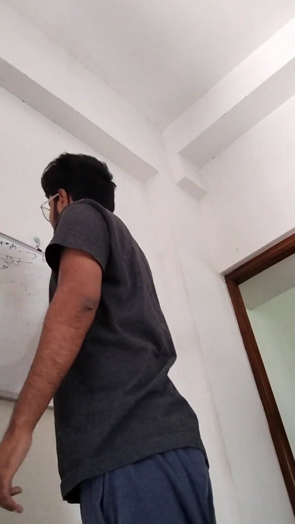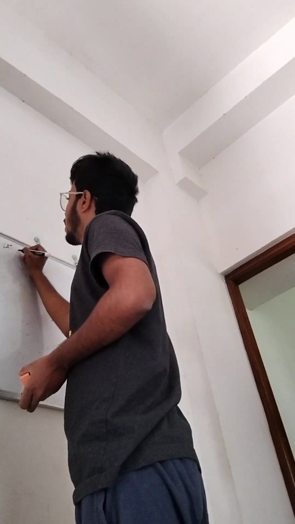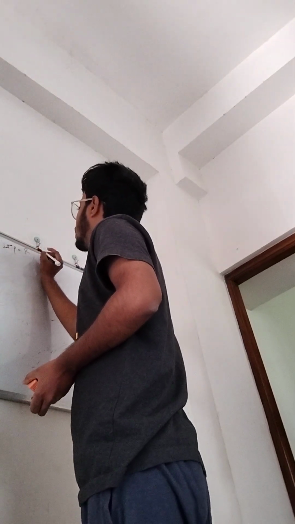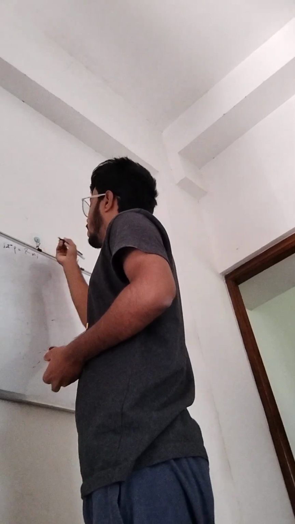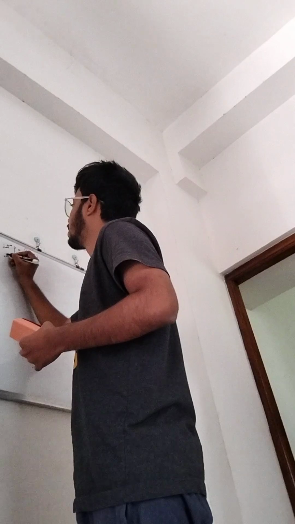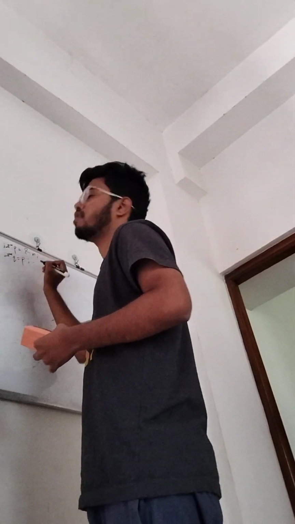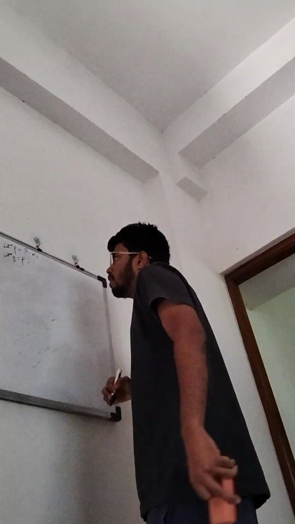Then there is a thing like copying pointers. How do you copy a pointer? Suppose I created a pointer p which stores the address of n. Then I create another pointer q which just stores p.